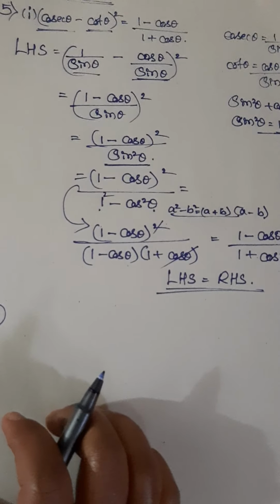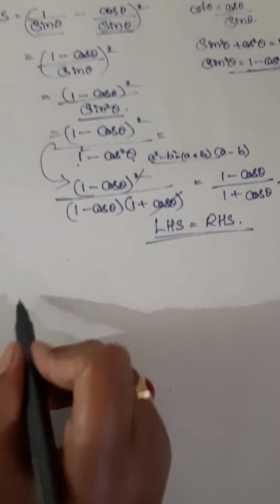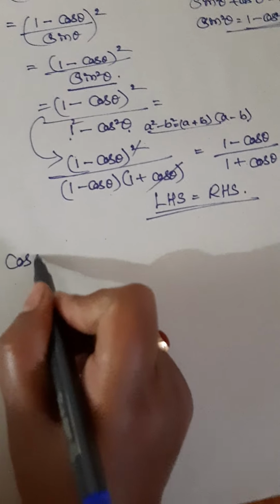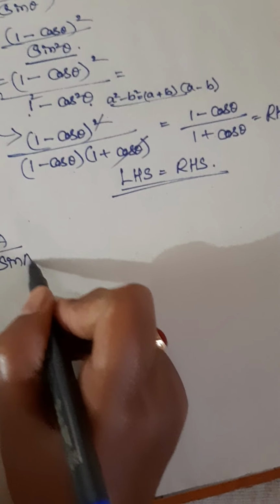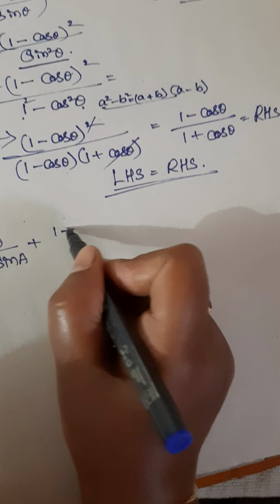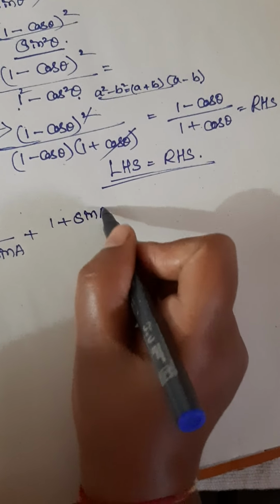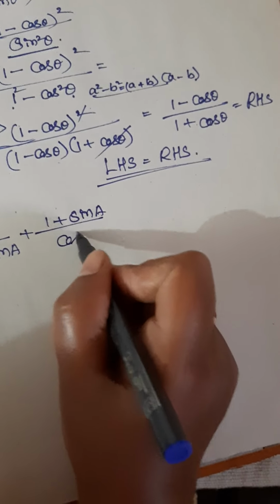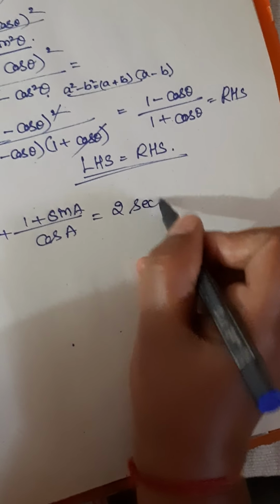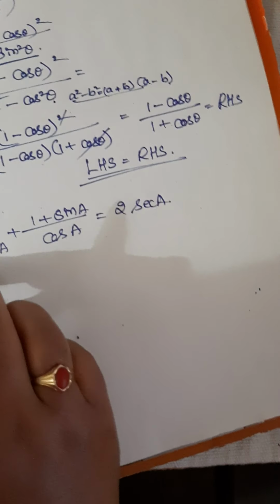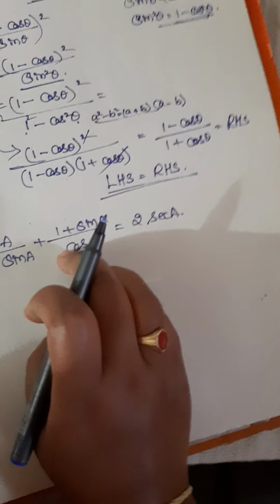Okay, now let's see the second part of this question. Our second one: cos A divided by (1 plus sin A) plus (1 plus sin A) divided by cos A is equal to 2 secant A. Here the expression is the opposite of this one only, they have given.